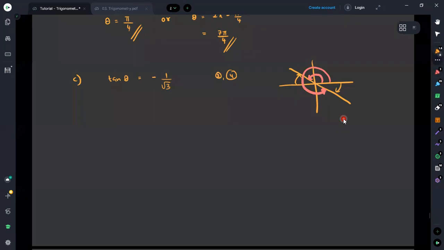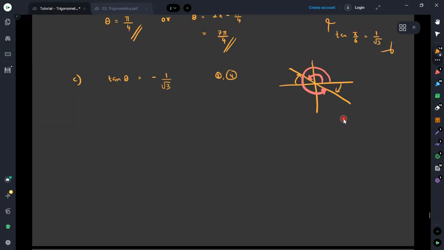Then first we need to identify the value of this 1 over root 3. What we know is that tan of pi over 6 is equal to 1 over root 3. Therefore, we consider this as well.